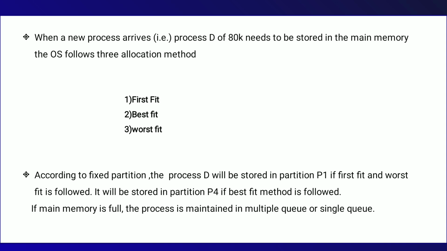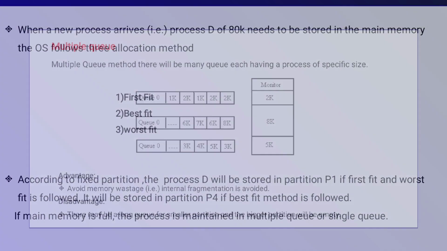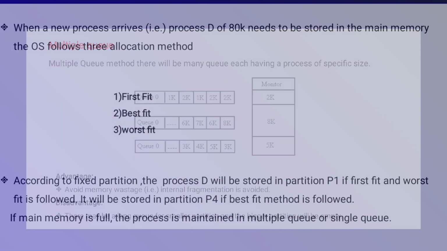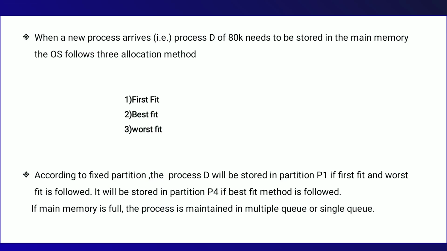According to the fixed partition, process D will be stored in partition P1. Already I explained, first fit means based on the size of the partition which is closest to the size of the file.